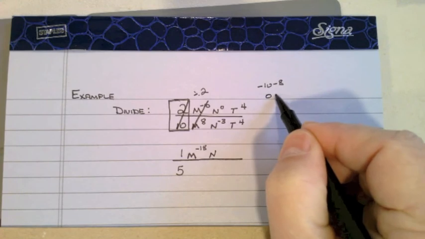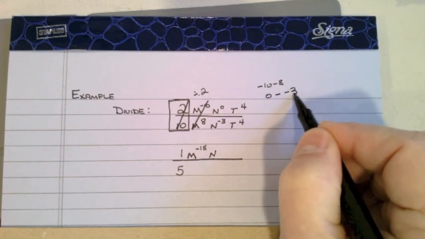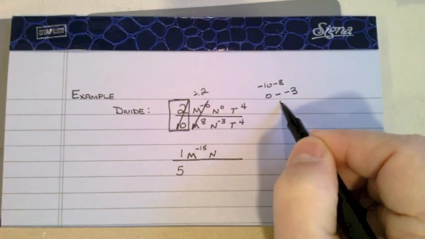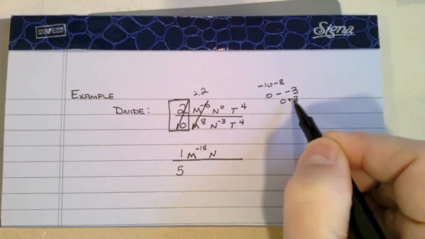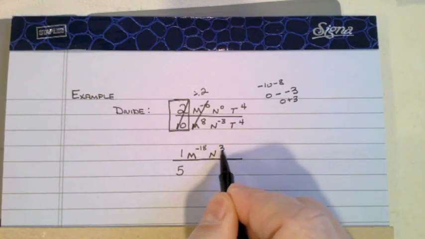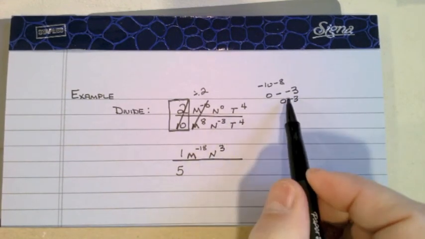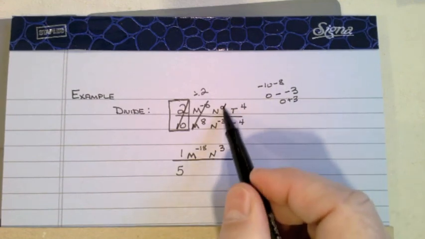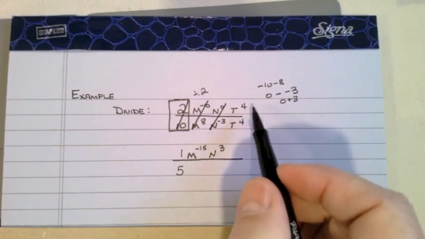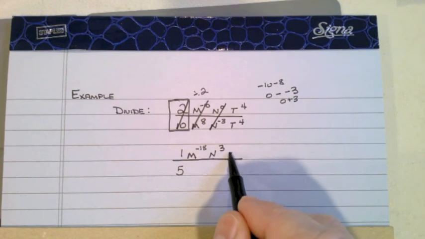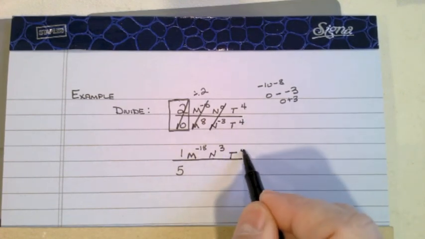This is 0 minus negative 3. A negative and negative make a positive. This is 0 plus 3. 0 plus 3 is 3. There's me working out my n's right there. T's. 4 minus 4 is 0.